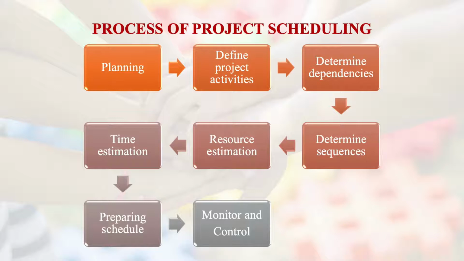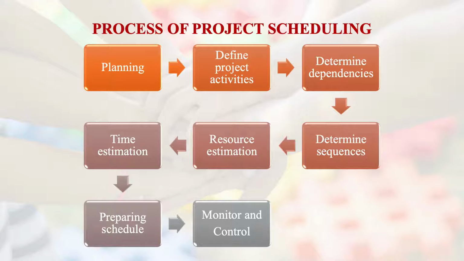Then determine how those project activities are dependent. So along with the planning, these are the things which you really need to understand. You do the planning, like what and how those various activities are to be performed, but in order to do so, you will define project activities, you will determine their dependencies, which are very, very important.